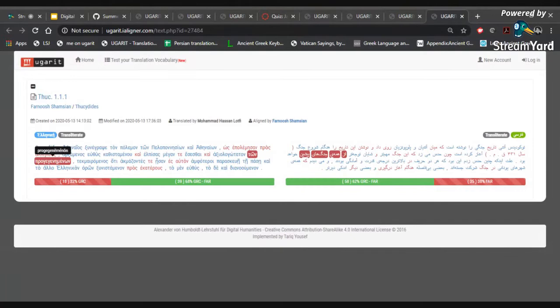So this is one of the good examples, because in some parts I couldn't align it on a word level on each part. So I had to, for example, align 3 words in Greek with 2 words in Persian. This is a problem of having an indirect translation.